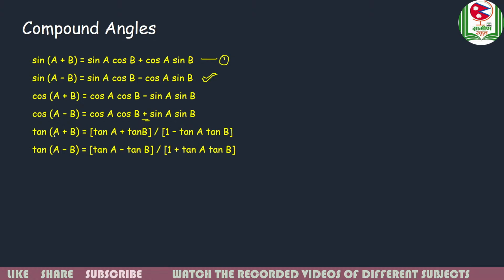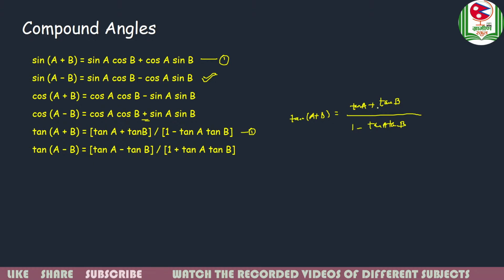Okay. And how to find out tan a plus b? You have to do nothing, just divide sine a by cos a, and then you get sine by cos, and then you can find out tan a plus b. But I have written here the formula only, so you have to learn that tan a plus b is equal to tan a plus tan b upon 1 minus tan a into tan b.